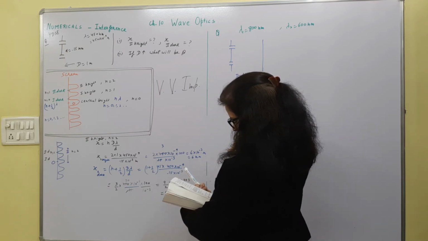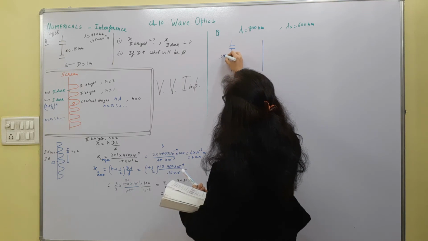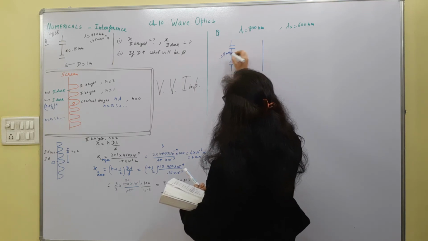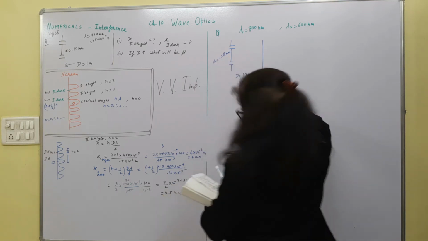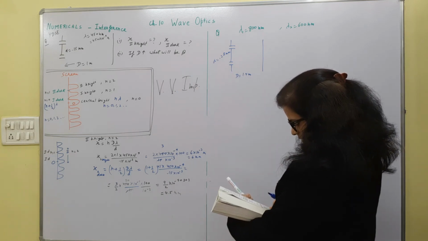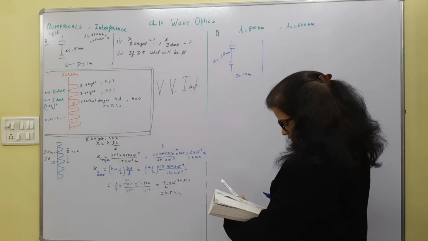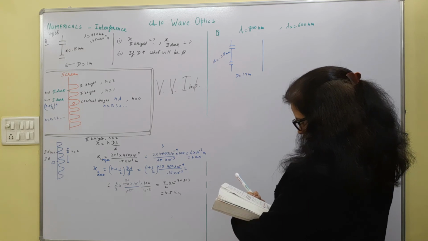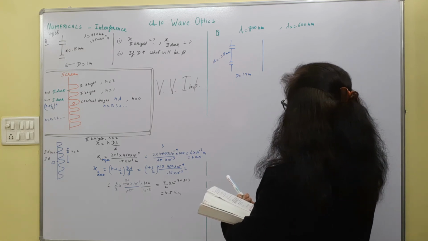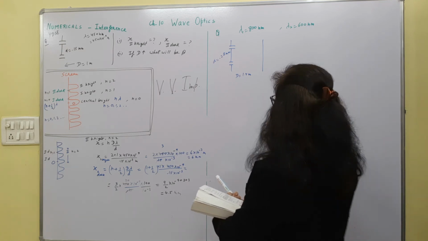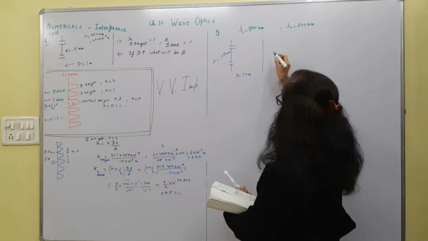If the two slits are separated by 0.28 millimeter, calculate the least distance from the central bright maxima where the bright fringes of the two wavelengths coincide, right? So this is the setup.